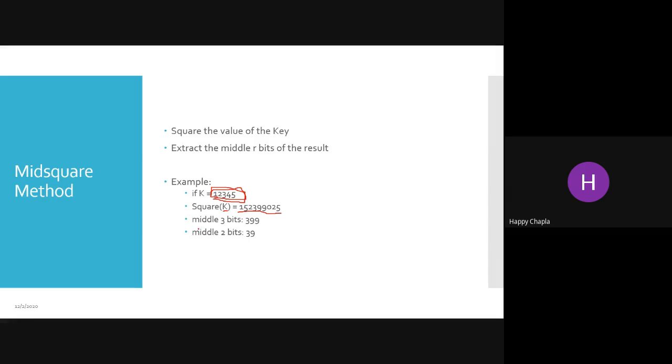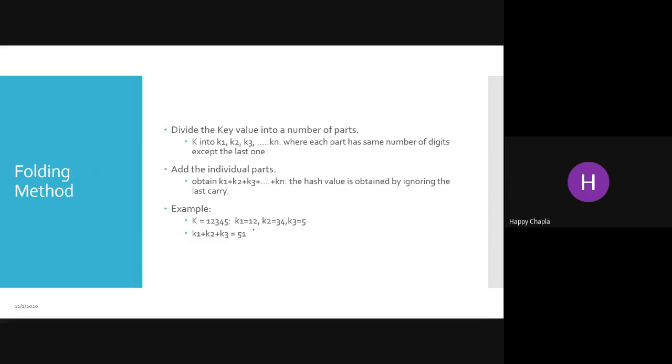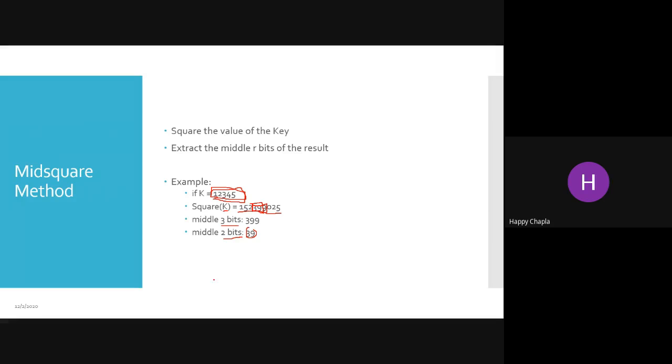Now from that, I extract the middle three digits, that is 399. The middle two digits of that are 39. So this is our value, or at that place we can store our value. This is known as the mid square method.